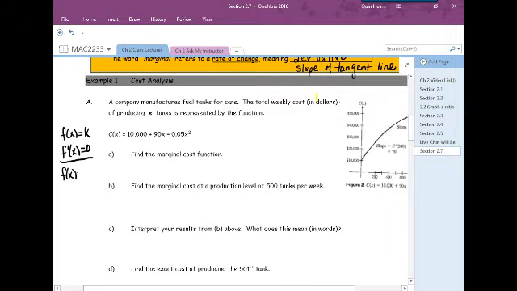If f of x is equal to x, that's the line y equals x, which has a slope of 1. So f prime of x will be equal to 1. And if f of x is equal to k times x, then it's going to have a slope of k, so f prime of x is going to be equal to k.